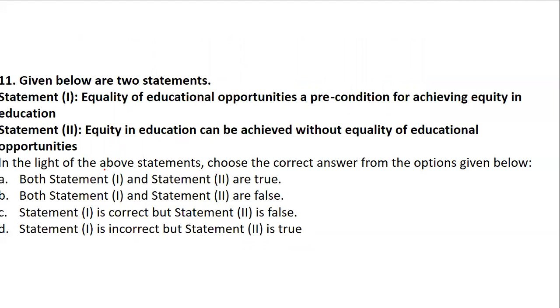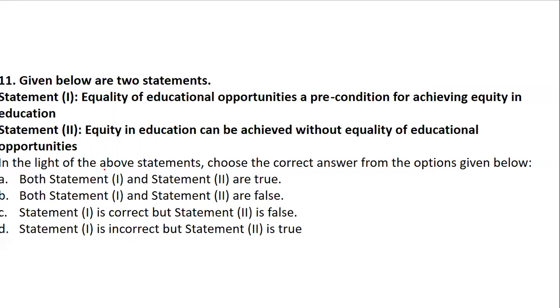So what they're saying is that in order to achieve equity in education, educational opportunities should be equally given to everyone, and it is one of the preconditions. Statement 2 says that equity in education can be achieved without equality of educational opportunities.